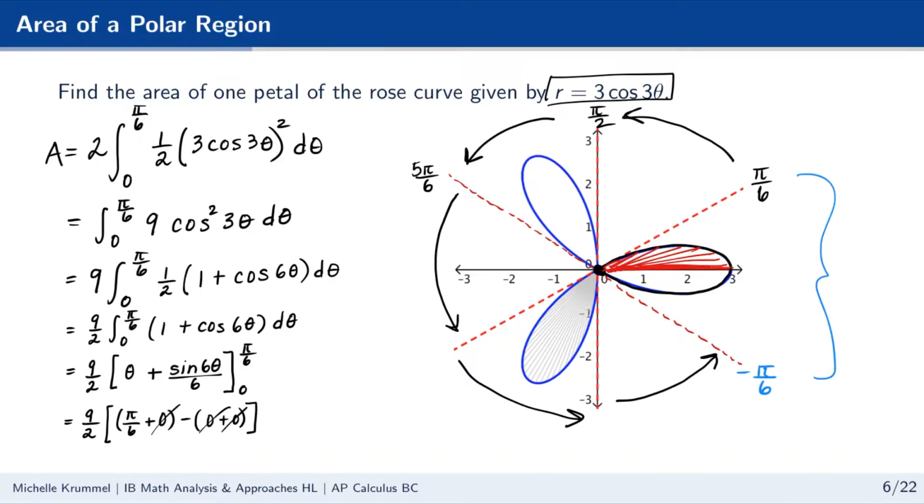And our final answer then is just 9 pi over 12, which we can reduce. If we divide by 3, this reduces to 3 over 2. So we have 3 pi over 4 as the area of one petal in this rose curve.